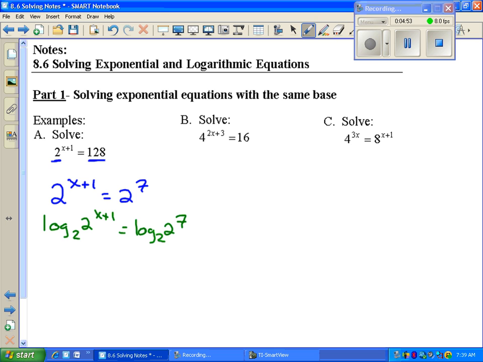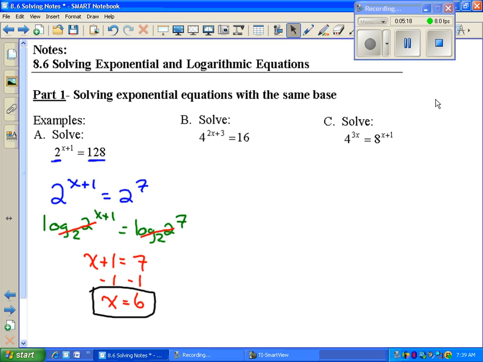But the idea is here: the log and the exponent cancel, leaving x plus 1 is equal to 7. You subtract 1 from both sides, x is equal to 6. That is how we really were doing this problem without actually talking about it.